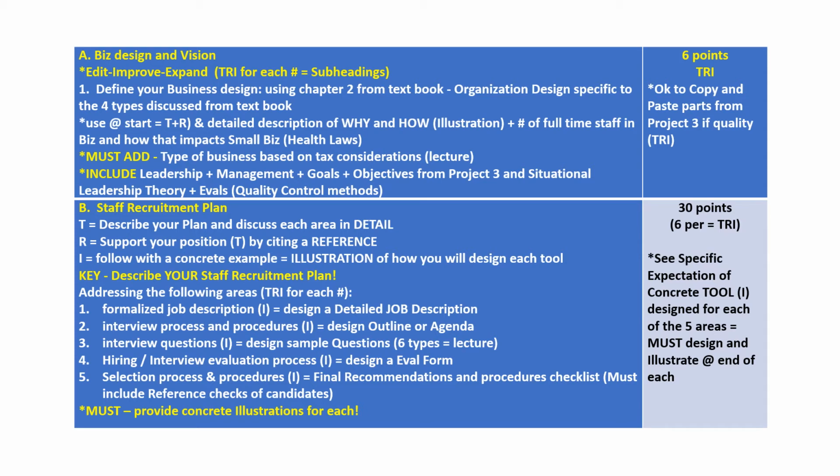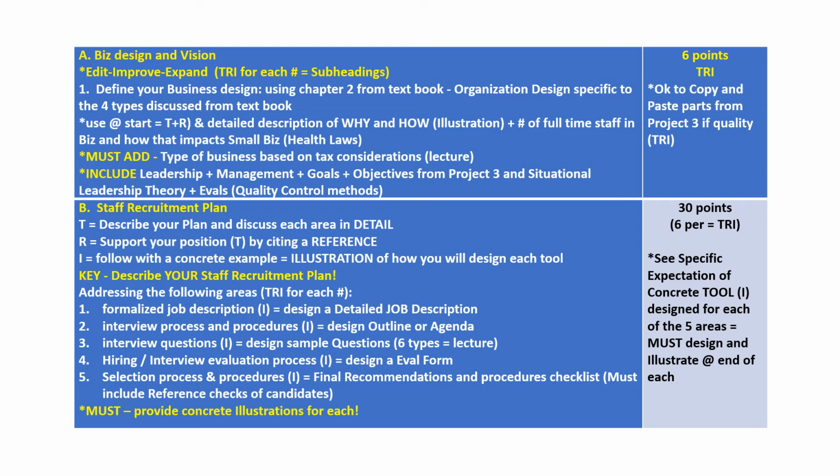Number 5 is the selection process and procedures. This is that final recommendation and procedures checklist to actually offer the job to candidates or not. This was discussed in lecture, and with the hiring tools there are examples that you can use. Just make sure you cite.